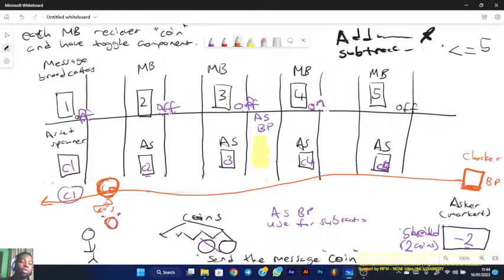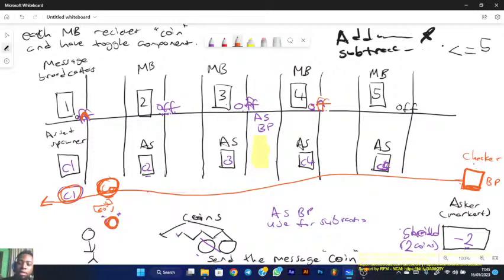The checker moves to the left. It reaches here and sends the message 0 that turns these guys off and turns this guy on, and it continues to move and it reaches C1.